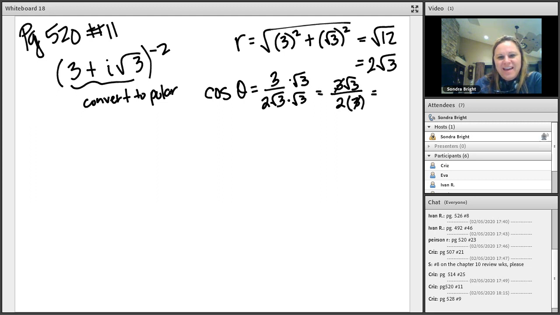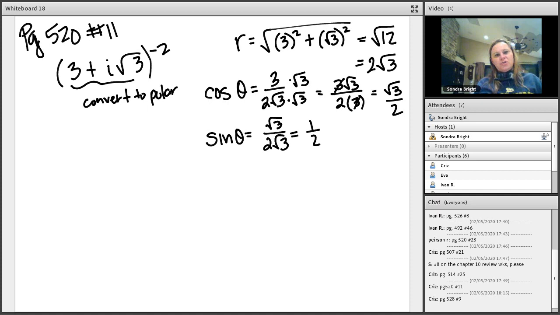Oh, yay! That ended up being an angle we know. I'll double check it. Sine of theta would be y over r, so root 3 over 2 root 3, which is 1/2. And so when is your cosine root 3 over 2 and your sine 1/2? When theta is equal to pi over 6.